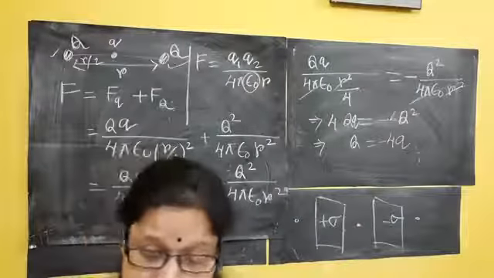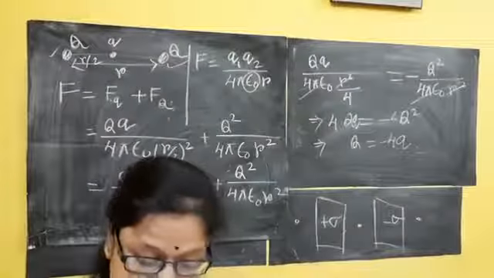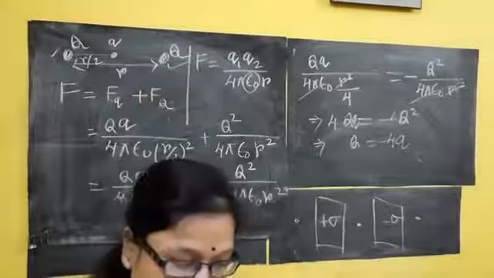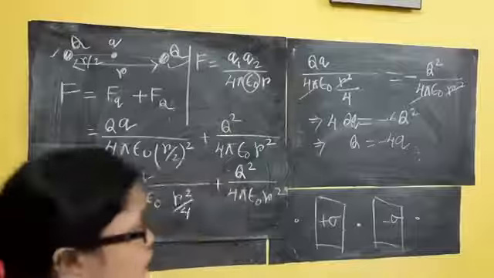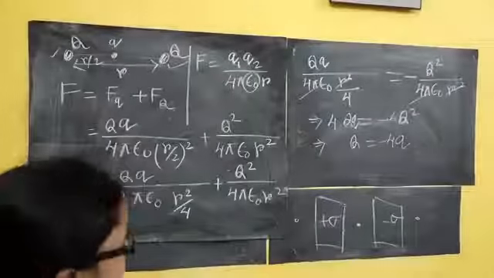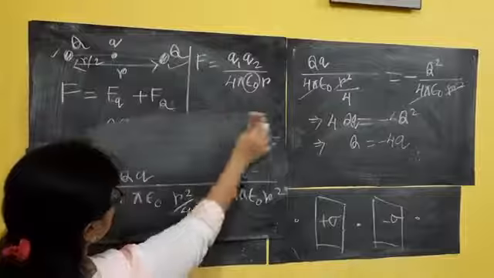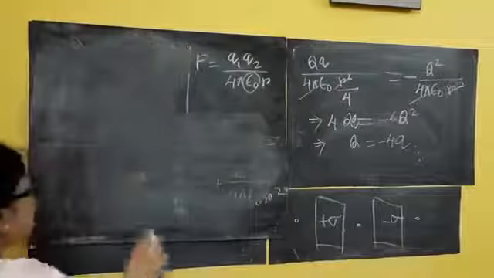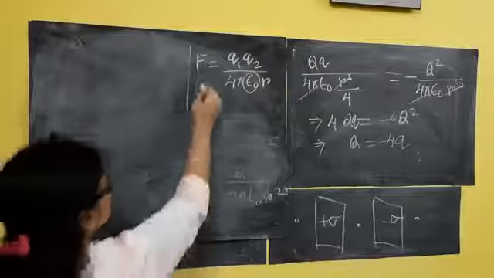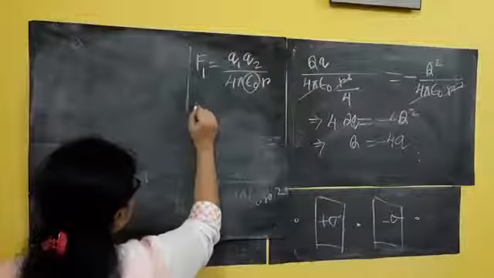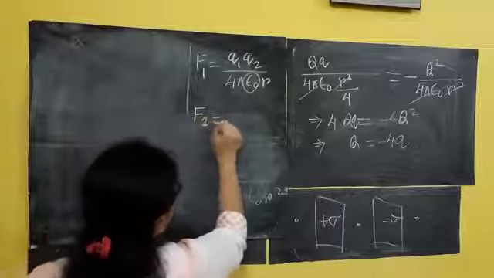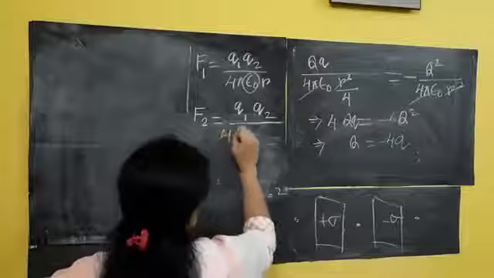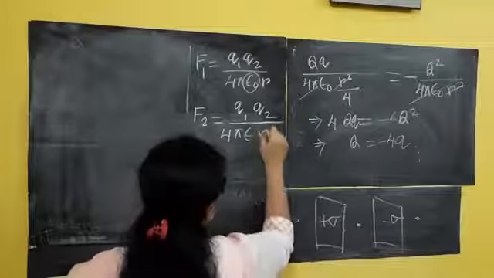So instead of epsilon 0, if I keep a dielectric, that epsilon 0 will change according to the dielectric medium. So suppose it will be epsilon. This is suppose F1, and when the dielectric medium is present, F2 will be equal to Q1 Q2 by 4 pi epsilon r square.